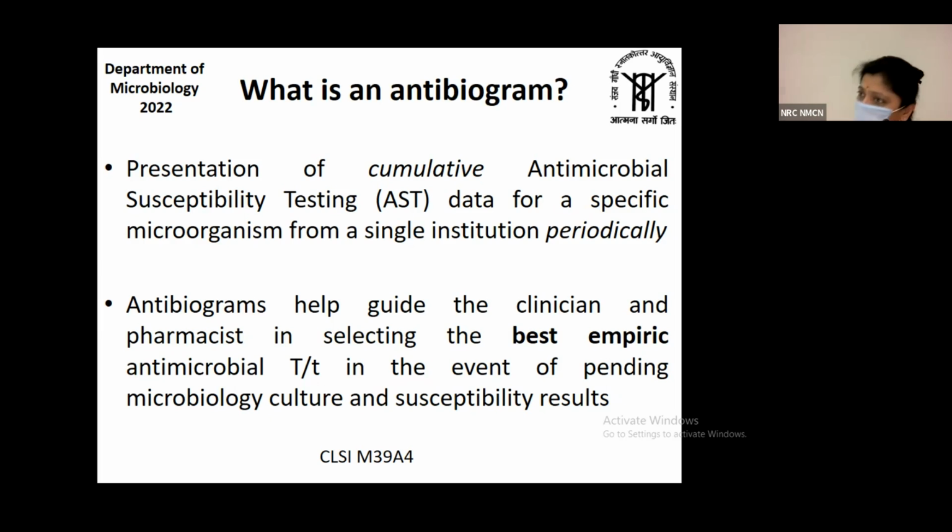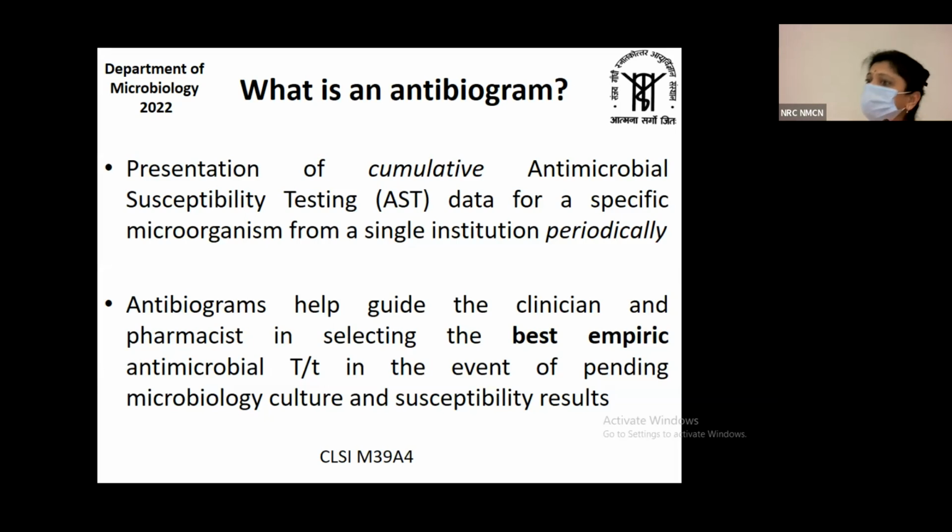How do the antibiograms help the clinician? They help to guide the clinician as well as the pharmacist in selecting the best empiric antimicrobial treatment. So what is empiric? Empiric antimicrobial treatment is the antibiotic that you administer to the patient till you get the final and definite culture and susceptibility testing report for that particular isolate which has been recovered from the sample that you have sent.